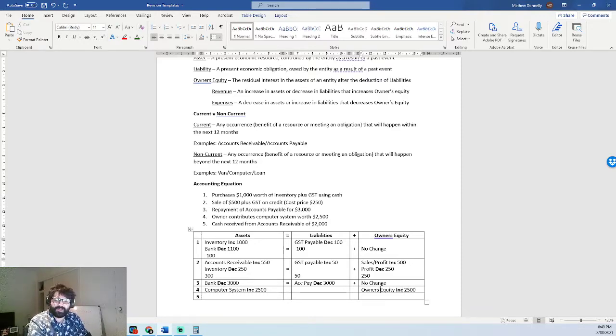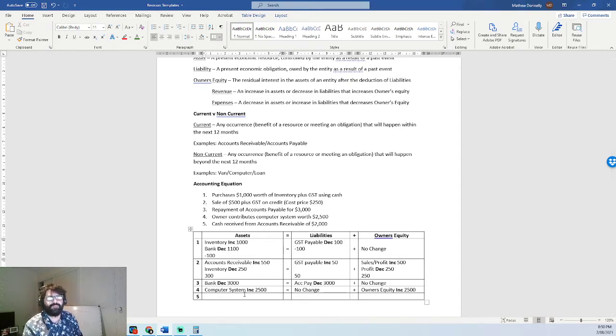And we just look and we go, oh, it's balanced. So we see that 2,500 plus 0 plus up 2,500, it balances.